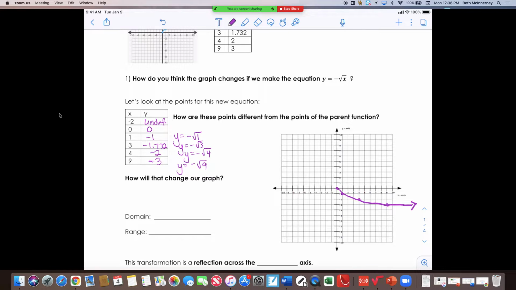How did our graph change then? Nice job. It's a reflection over the x-axis. So our y values are the opposites, right? The y values are opposite the y equals the square root of x.